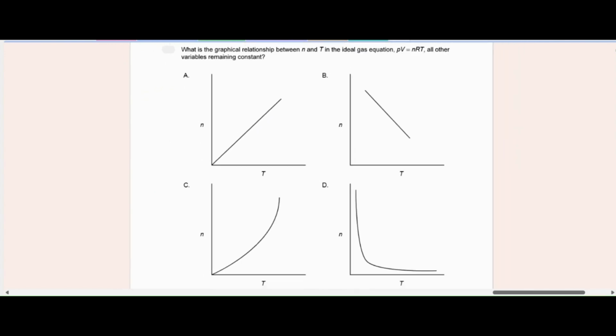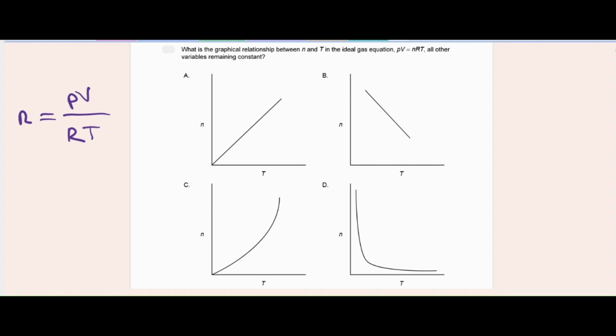What is the graphical relationship between n and T in the ideal gas equation, all other variables remaining constant? Well, if we were to rearrange the equation, it would be n equals PV over RT.